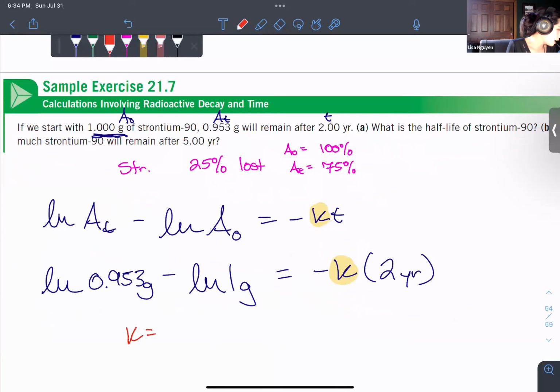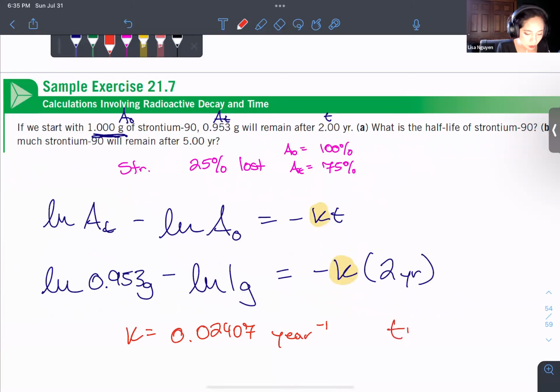All right, so k in this case is 0.02407 years to the -1. This is not our answer because we want the half-life of the substance. So half-life is our t1/2.